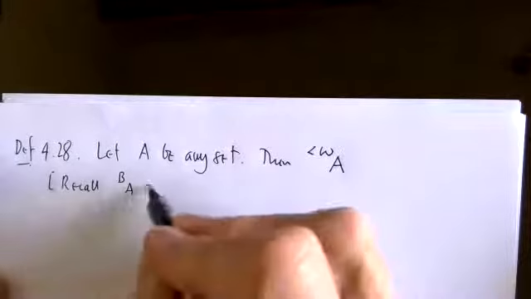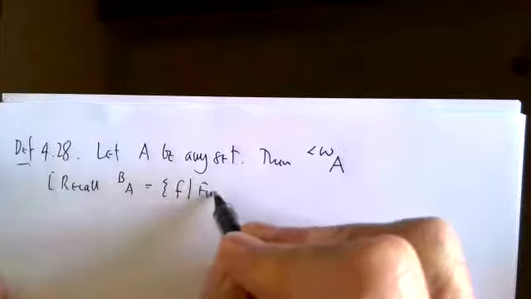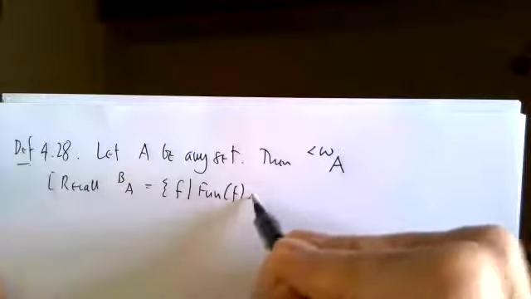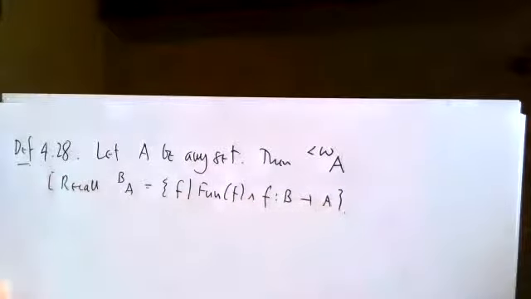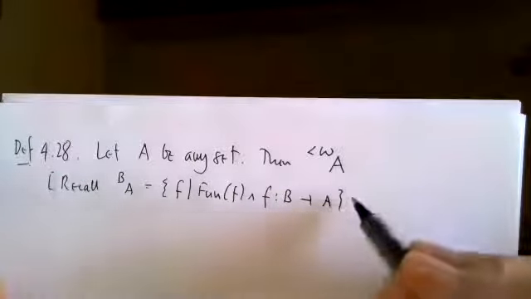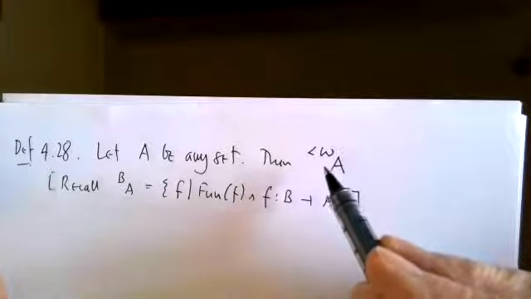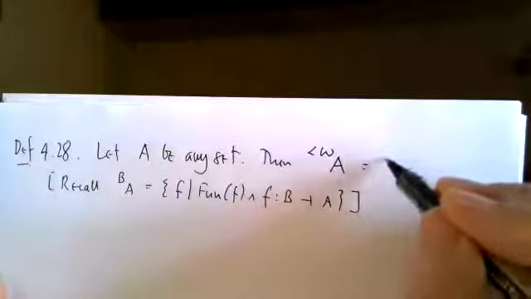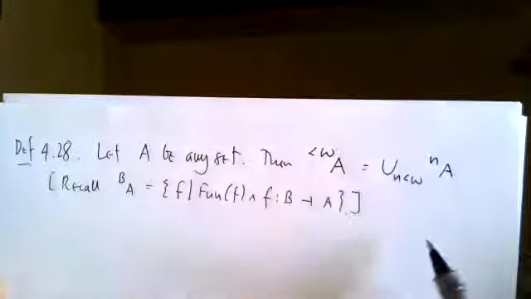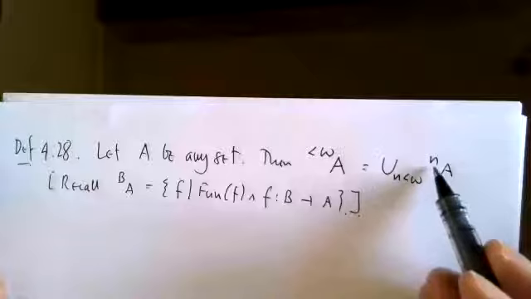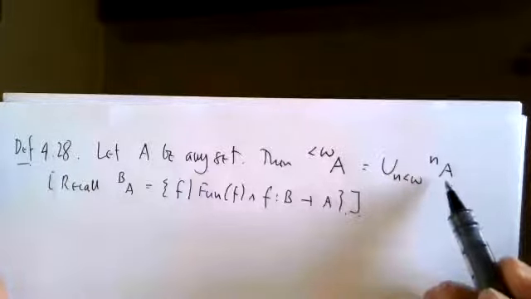A to the b is supposed to be the set of functions with domain B and range in A, right? So actually here, what we're doing is just saying this is the union of functions from some finite n, natural number n, into A.